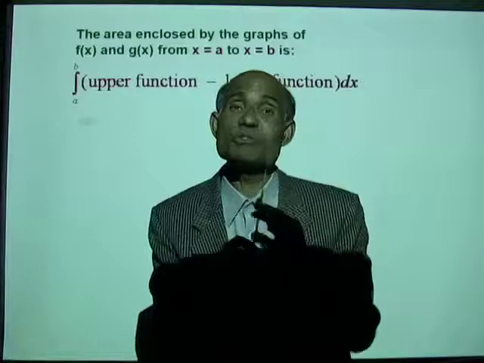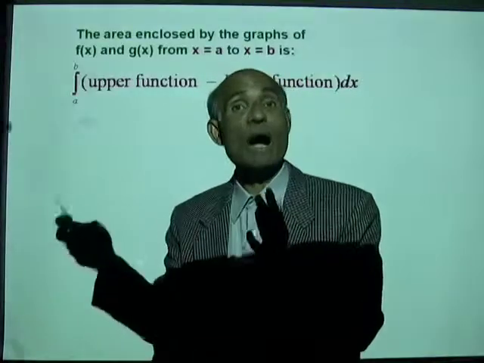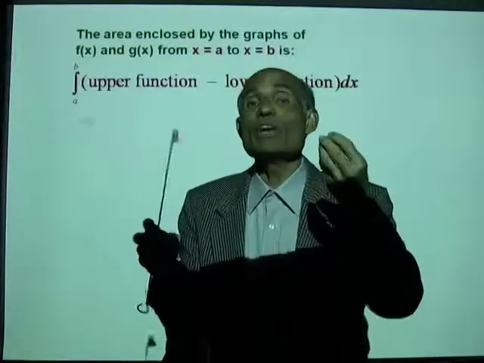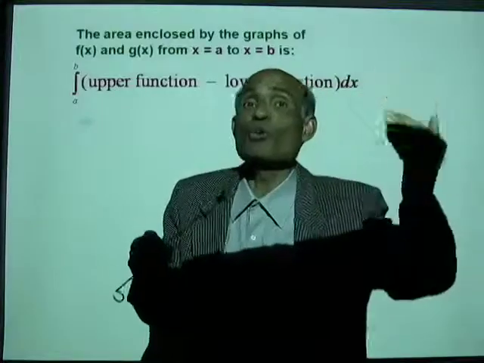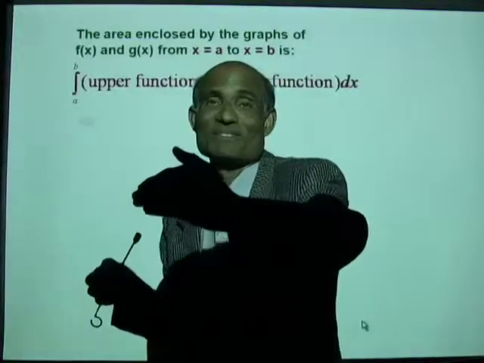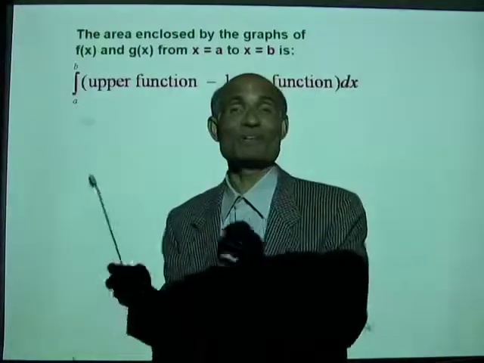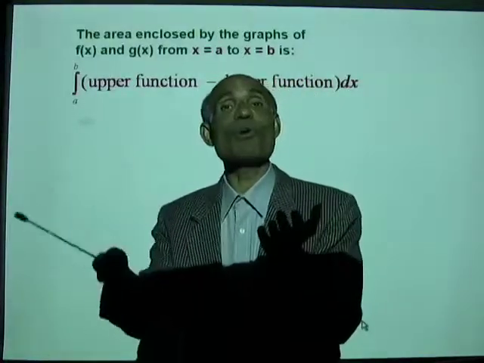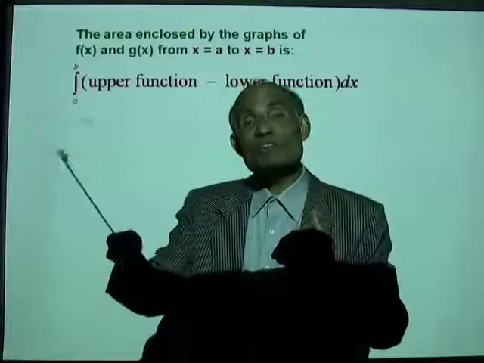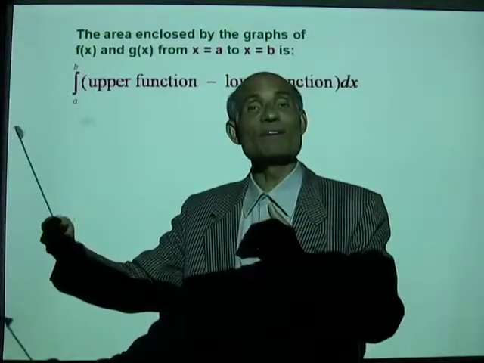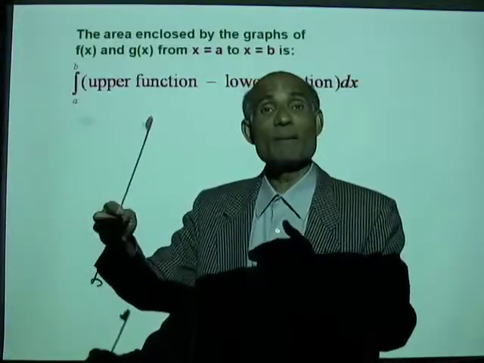Now, suppose you have functions of y. If functions of x are called y equal to, then functions of y will be called x equal to. Suppose you have x equal to 4y minus 3, x equal to sine y. They are functions of y.